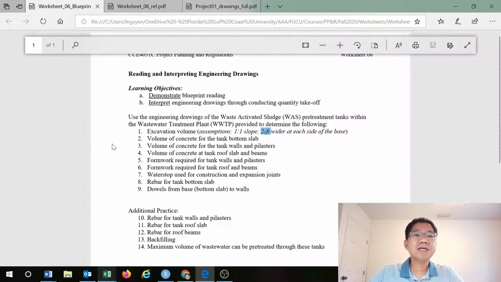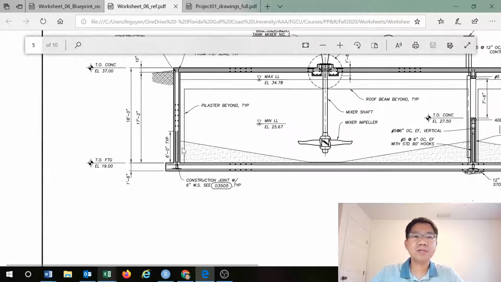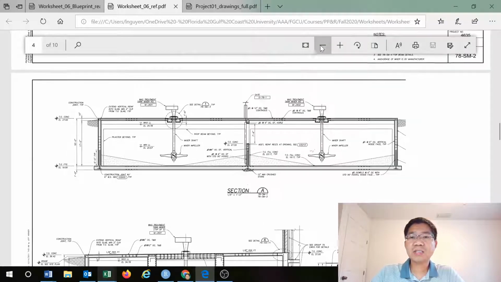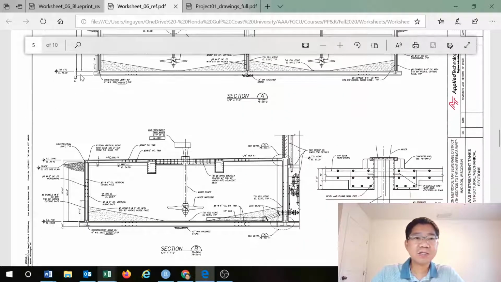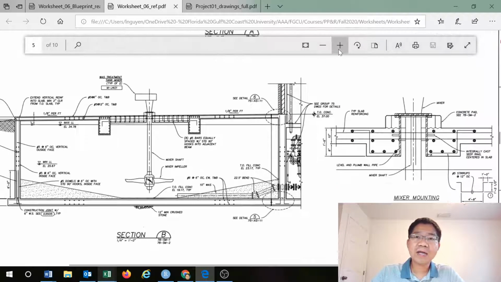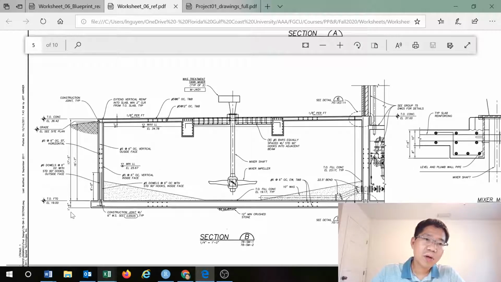The next question is to determine the volume of concrete for the tank bottom slab. Tank bottom slab, we do exactly the same. We go to the drawings for the slab. For the bottom slab, we can see in cross section what the thickness is. You can see there in SM3 the thickness, as I mentioned earlier, for the bottom is 1 foot 6 inches.